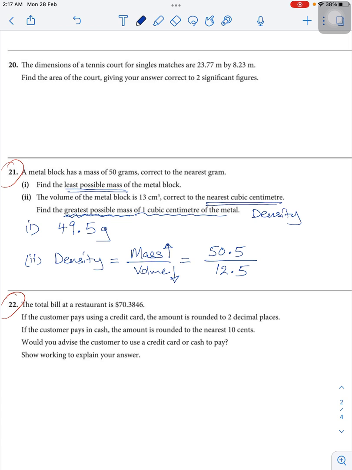So it should be about there. If I'm not wrong, you should get 4.04 if it's rounded to 3 SF.